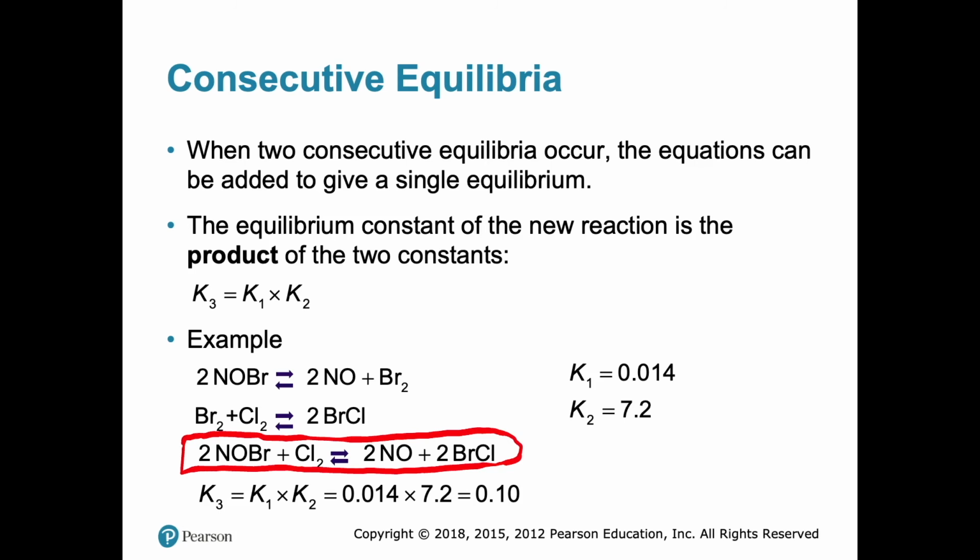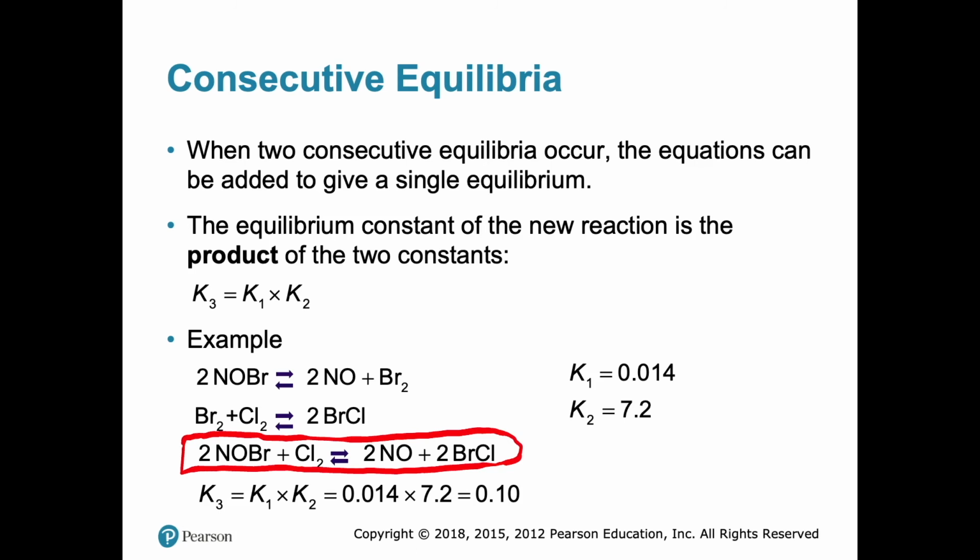Make sense? So if you have a multi-step reaction, you can figure out the equilibrium constant for each step. It's always products over reactants again. So let me just write it for you here, just in case you forgot how to do that.